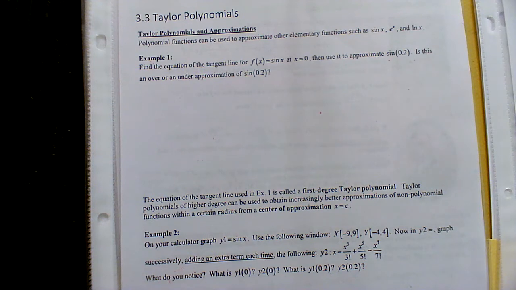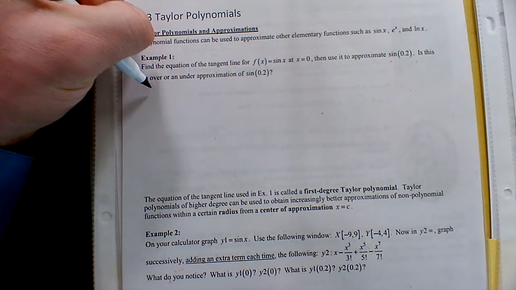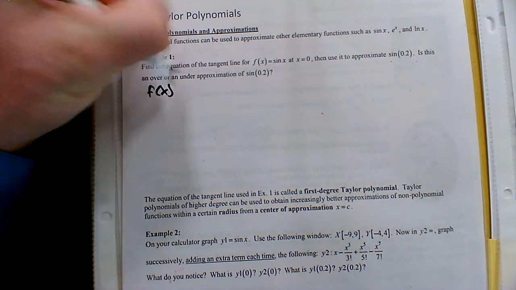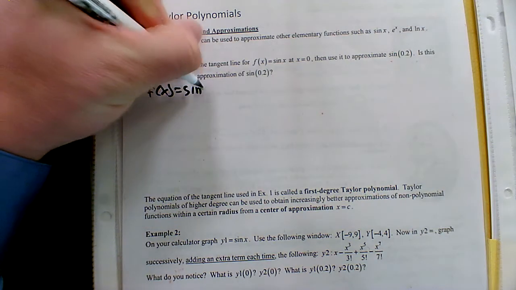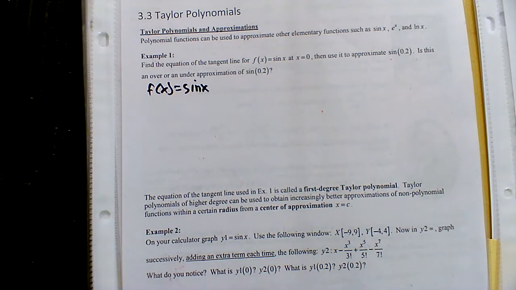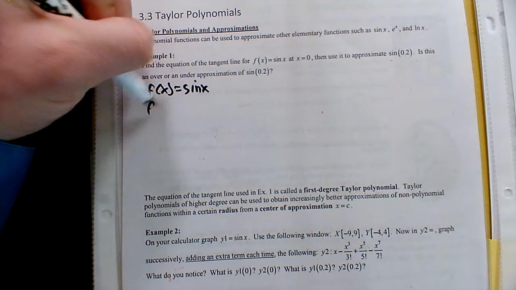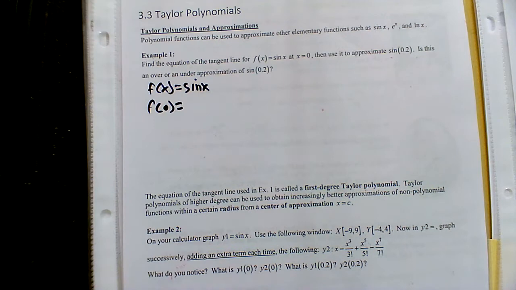First, let's list out: f of x is sine x, and we're talking about x equals 0. If we plug in 0, what would f of 0 be? Okay, it would be 0.